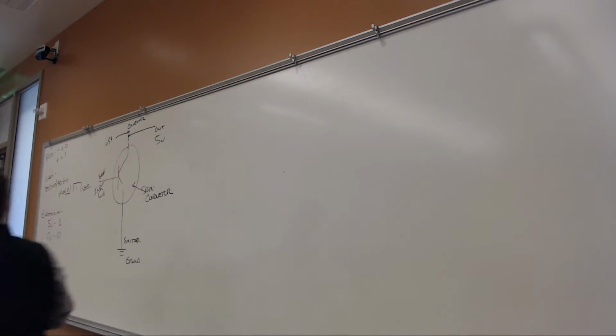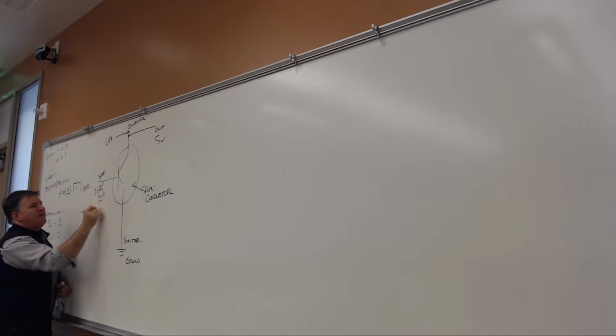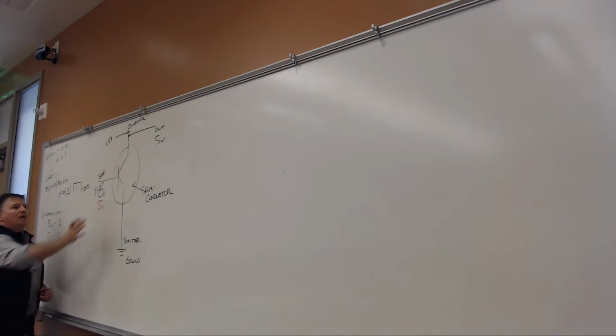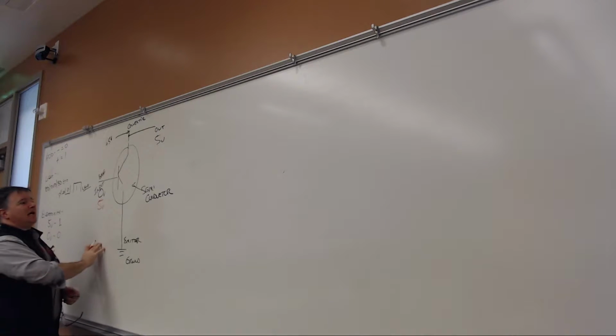So as soon as I change my input, my 0 volts to 5 volts, my semiconducting material now does what? It conducts. It acts as a conductor. This is a miraculous material. Our whole modern society is built around this one teeny tiny device. So now it becomes a conductor.